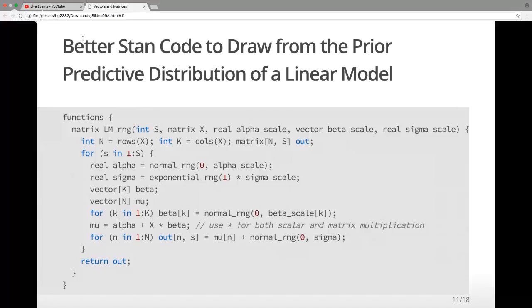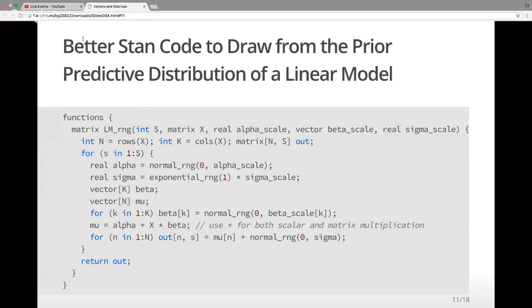And so I pull out n, which is the number of rows in X. I pull out k, which is the number of columns of X. And then I define the matrix that is going to be returned, out, as an n by s matrix. And when you define a matrix, you have to specify both its number of rows and its number of columns, so Stan knows how much space to allocate for it on the heap when this function is called.